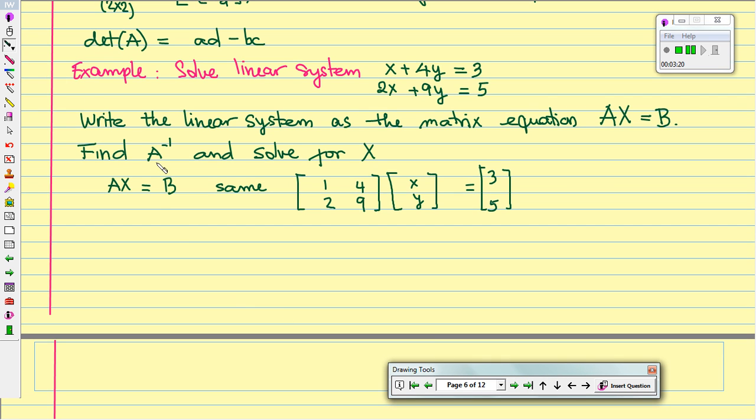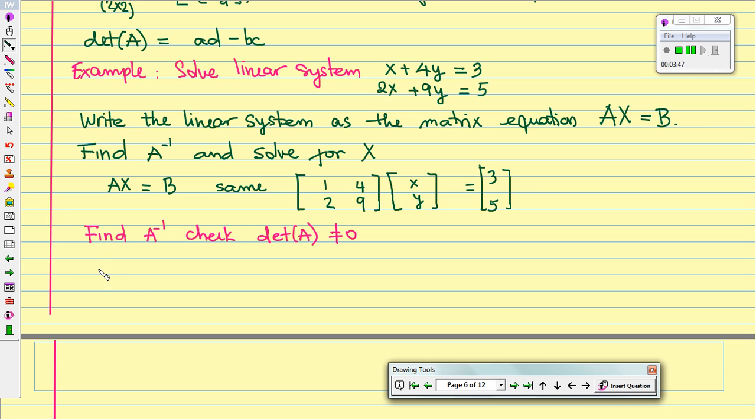So next step, I need to find the A inverse. To find the A inverse, we have to check that the determinant of A is different than 0.